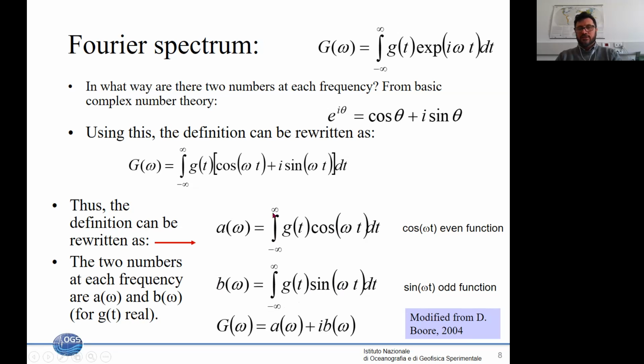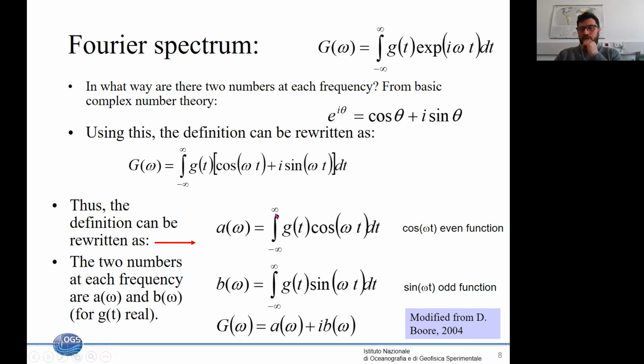So this is telling us that the Fourier transform of our original signal in the time domain, which is a real signal, so we will have a value for each sample of time, can be described as a complex function, a complex number where we have a real and an imaginary part. Okay, I think this should be clear enough. So this is quite important.